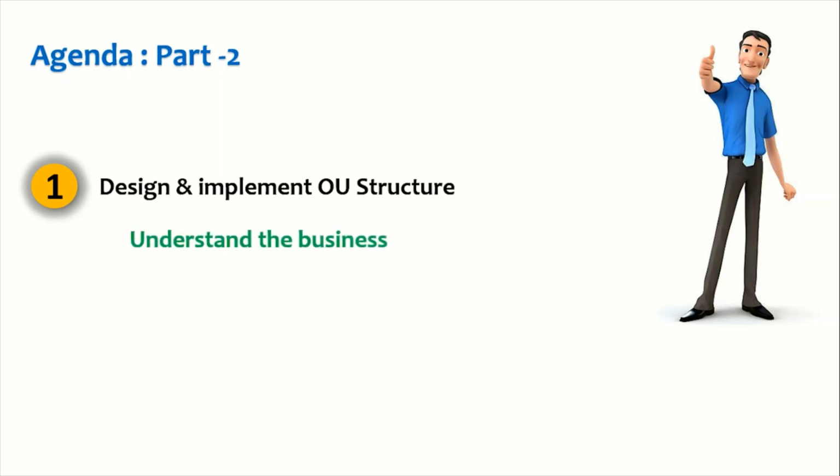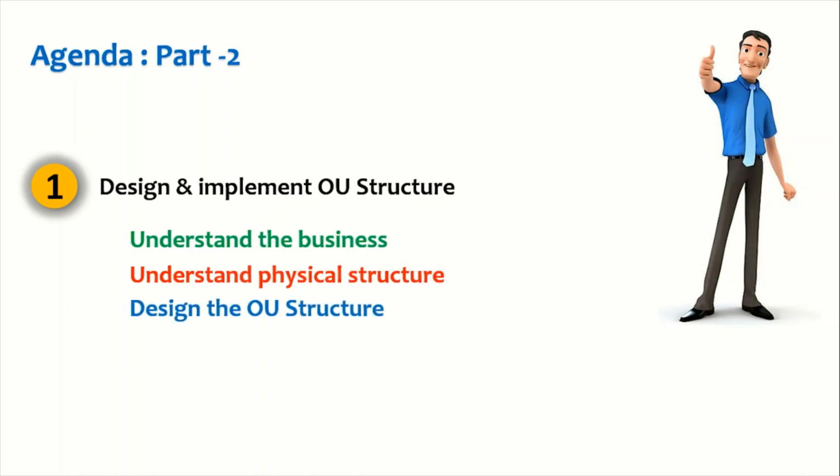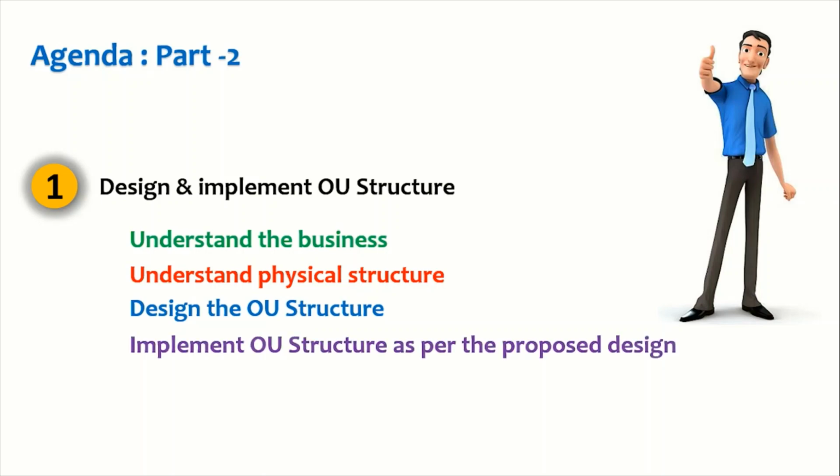We'll understand the business, we'll understand the physical structure of Contoso Financial Services, we will design the OU structure, and we will implement the OU structure as per the proposed design. So we will be implementing it in our Active Directory.